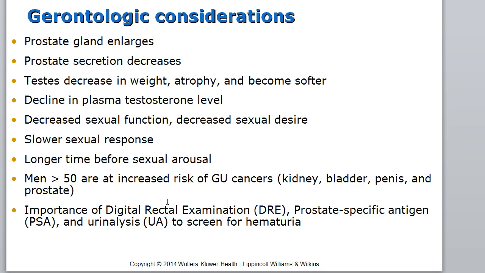However, those who have a strong family history of prostate cancer are recommended to start the digital rectal examination at the age of 45. Also, PSA, prostate-specific antigen, is done to screen for prostate cancer. Urinalysis is done to look at kidney function and screen for hematuria.